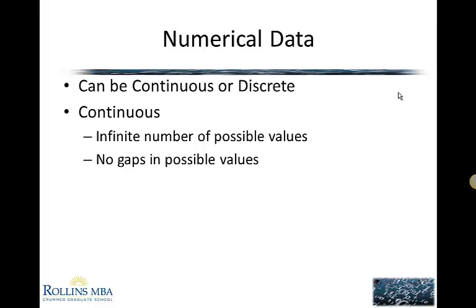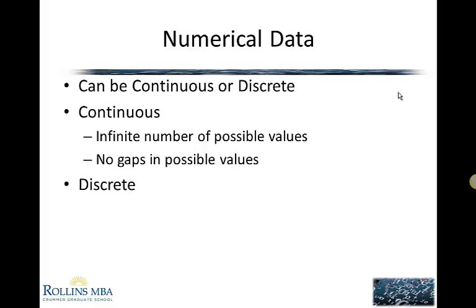Generally, these are things that we are measuring with time or distance, for example, and we're limited only by the precision of our measurement instrument, the stopwatch or the yardstick that we're choosing to measure, or the scale that we're using to measure mass, for example. These would be examples of continuous data, and there's no gaps in the possible values.